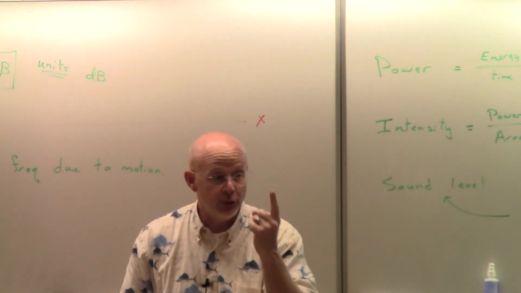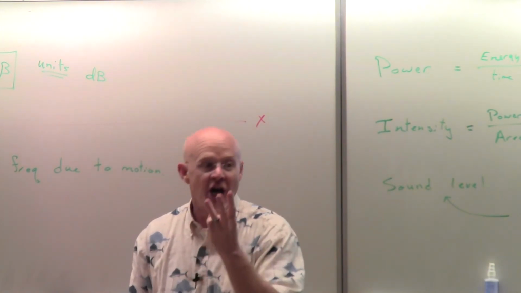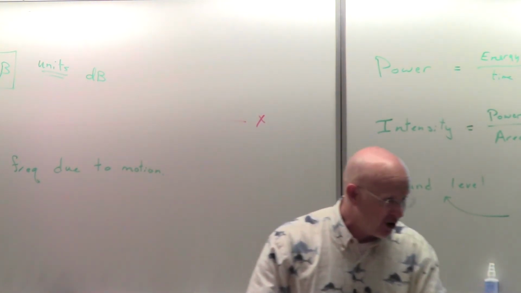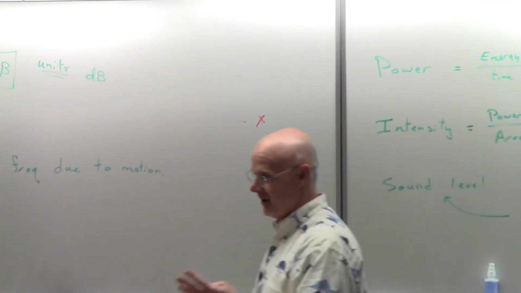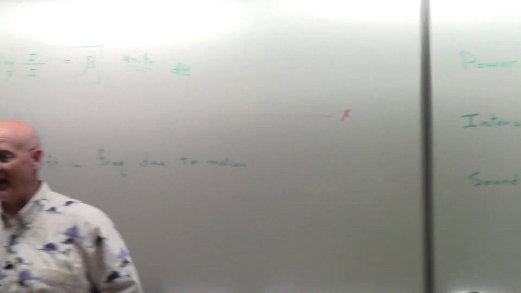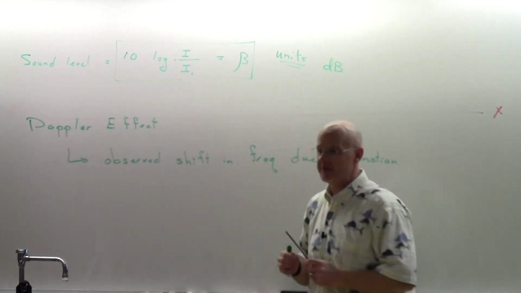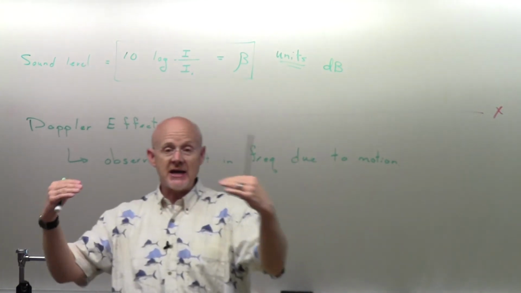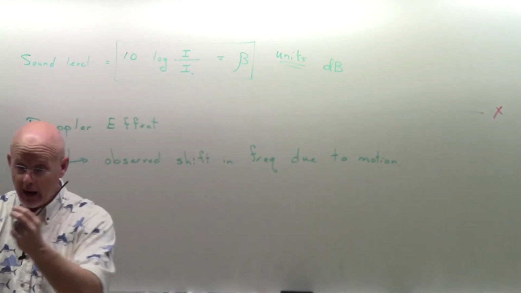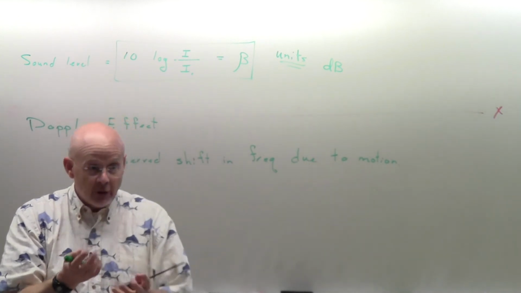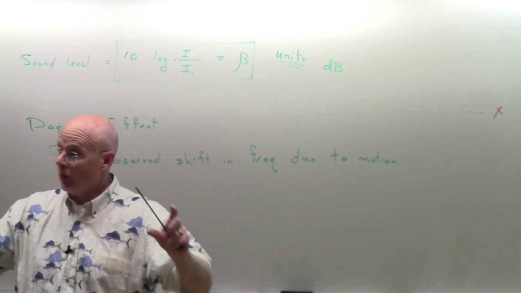We can have the observer moving towards the source, the observer moving away from the source, the source moving towards the observer, or the source moving away from the observer. How we handle that mathematically is the next big step. But there will be a shift in that frequency. Notice that anytime they're coming together, whether it was the observer coming towards the source or the source coming towards the observer, the frequency increased. And the opposite when they moved apart.